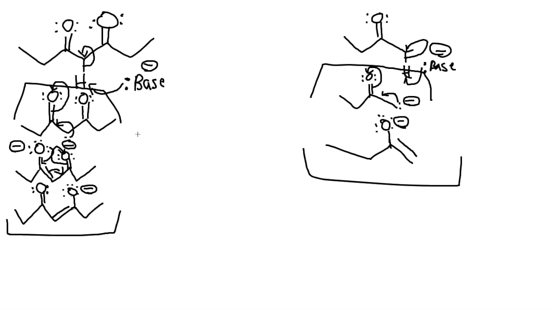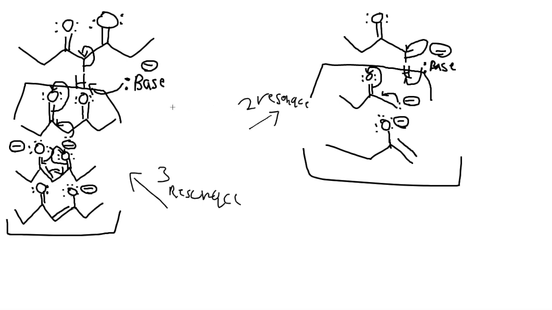According to our rules, having more resonance structures means it's more stable. On the left side, we have three resonance structures. On the right side, we have two. So having more resonance structures means it's more stable. But also, on the left side, we have two oxygens compared to one oxygen here.